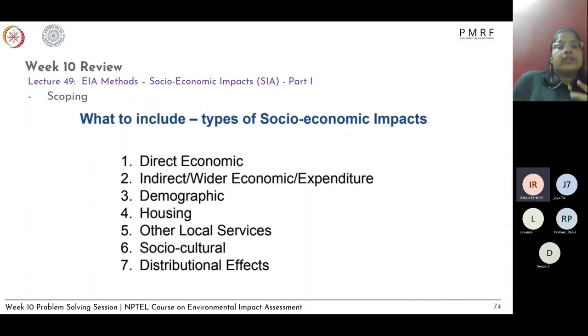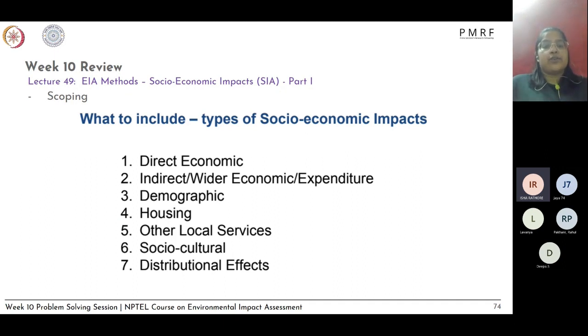And so what to include in terms of impact is direct economic impact, if any sort of action is causing the loss of livelihood or the change in livelihood amount, then you need to include that impact.